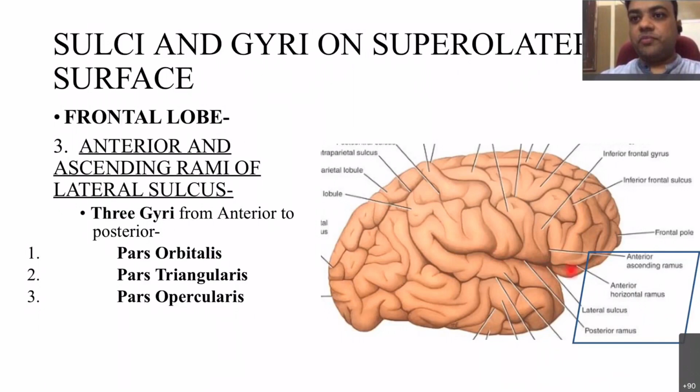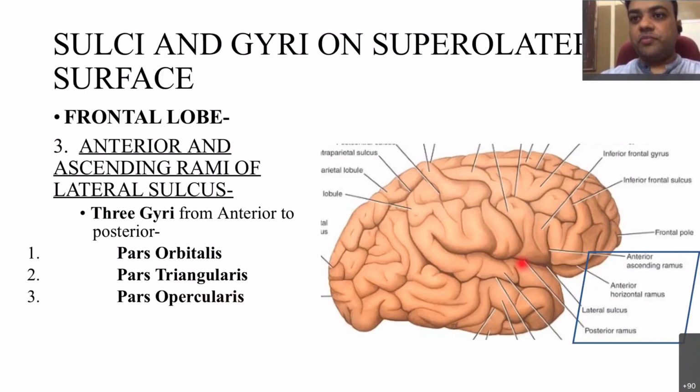Okay. So this part of the frontal area is known as the pars orbitalis, and this triangular gyrus between them is known as the pars triangularis because it is triangular in shape. And the rest of the frontal part behind this ascending ramus is known as the pars opercularis. What is meant by opercularis? Lid.